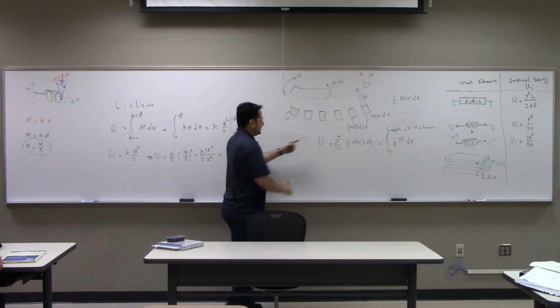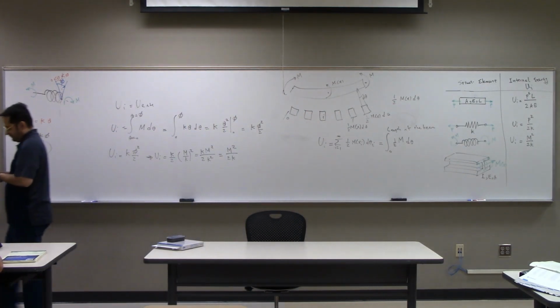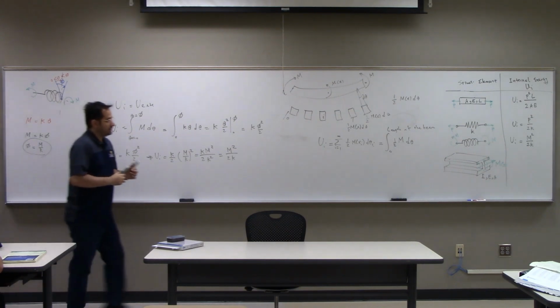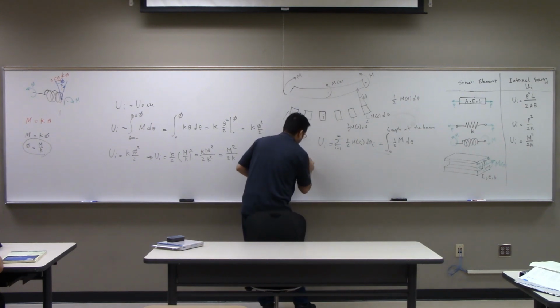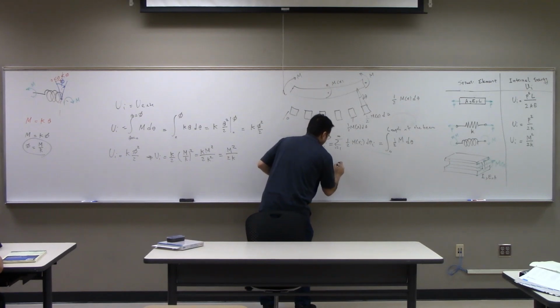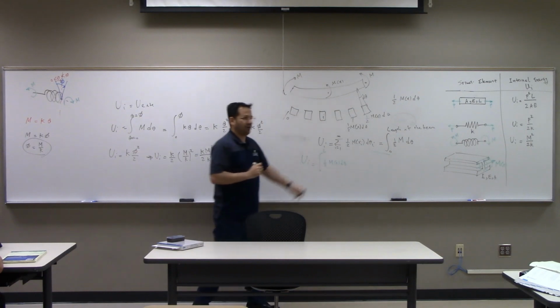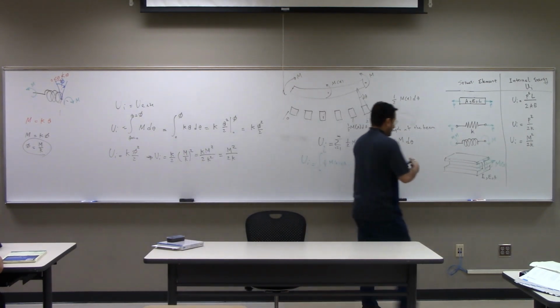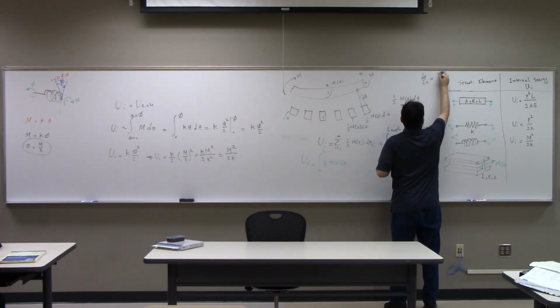So this is the energy that is the summation of all these little parts. Right? So this relation is a good relation. In fact, we can summarize it like U_I is equal to the integral of half of m of x d theta, and this is also a function of x, from 0 to L. But I know from my double integration method that d theta over dx is M over EI.